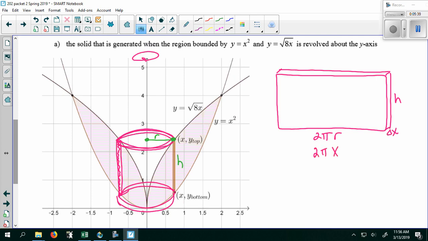And then the height of the rectangle is the length of this vertical slice, the distance from this point to this point. So it's y top minus y bottom. And y top is square root of 8x, and y bottom is x squared.